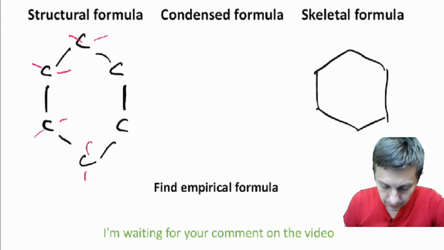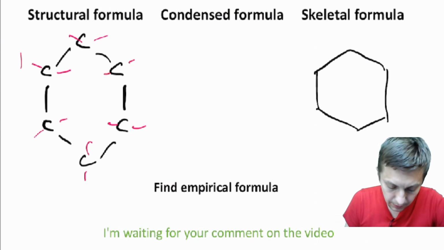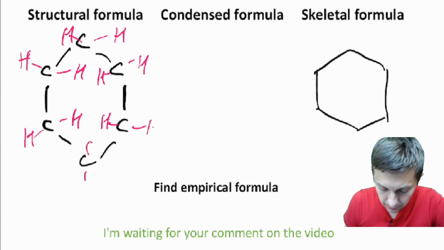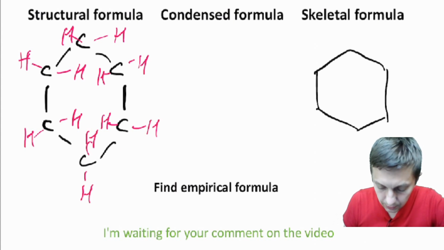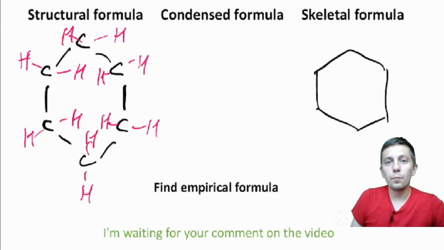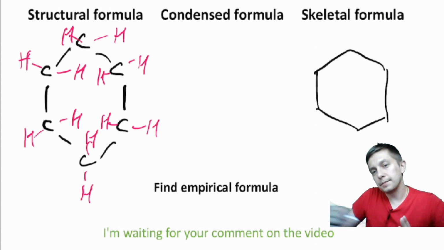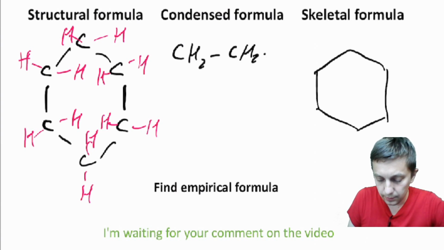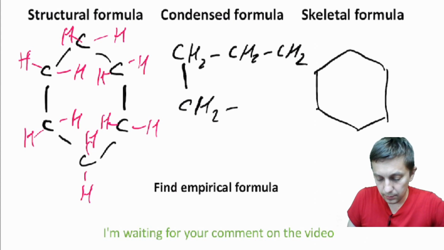H, H, H, H, H, H, H, H, H. For this structure, we can't draw a proper condensed formula in a line, so we write it like this: CH2, CH2, CH2, and CH2, CH2, CH2.